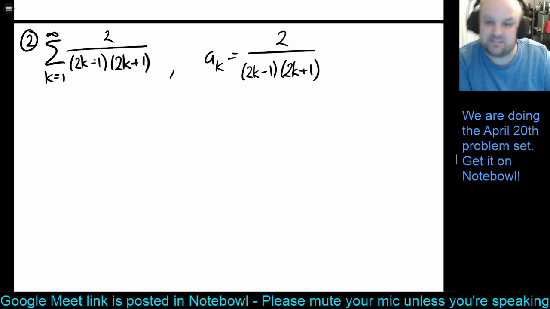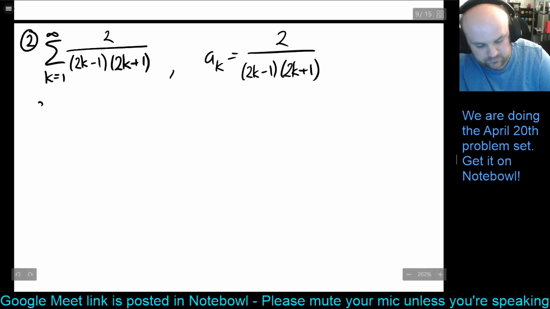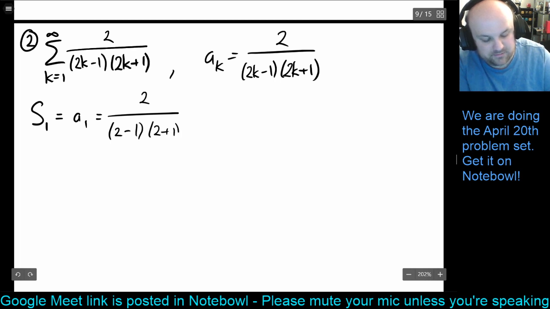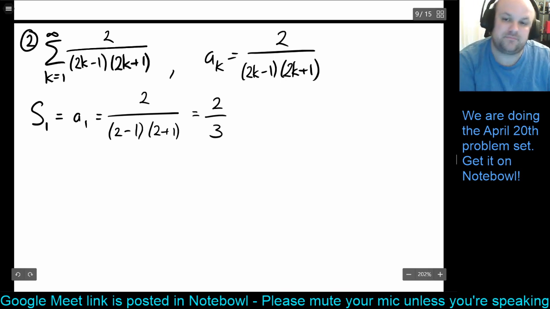This part right here is the a_k. We're going to take partial sums of this. So S1 is just going to be a1. So plug in 1 here. It's going to be 2 over (2 minus 1)(2 plus 1). So, end of the day, we're going to get 2/3 here.